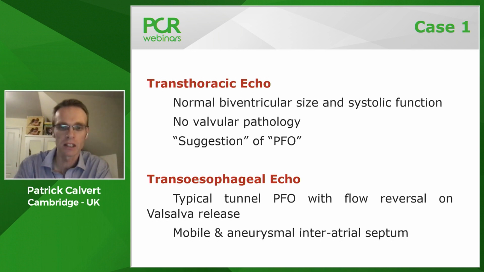The team in this case didn't do a transthoracic bubble echo, which I have to say is my preferred, most sensitive way. I think it's easier to generate a right-to-left shunt with a good Valsalva release in an awake patient, but they did a transesophageal echo. They saw a typical tunnel PFO with flow reversal on Valsalva release, and there's a mobile aneurysmal atrial septum.